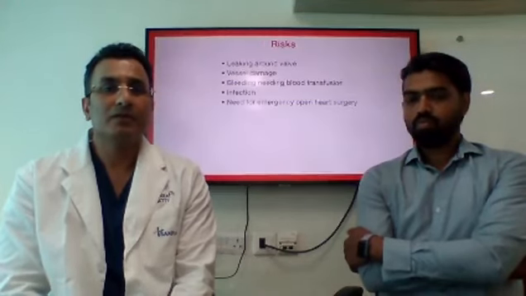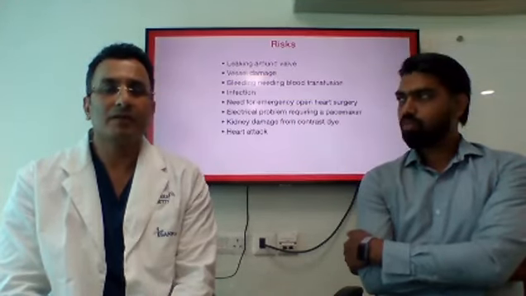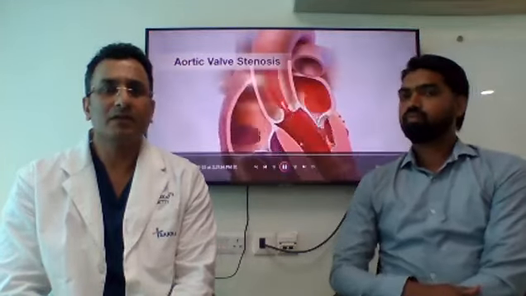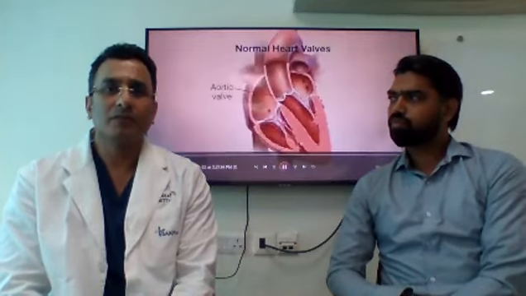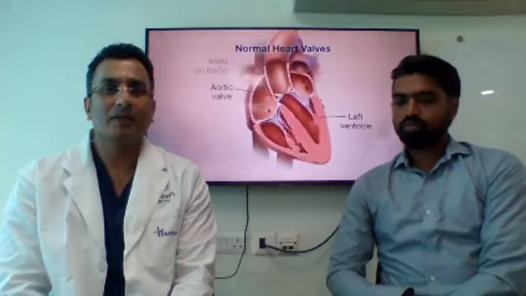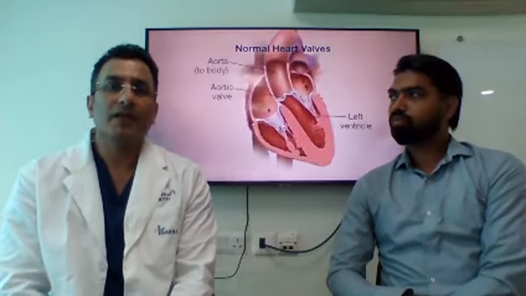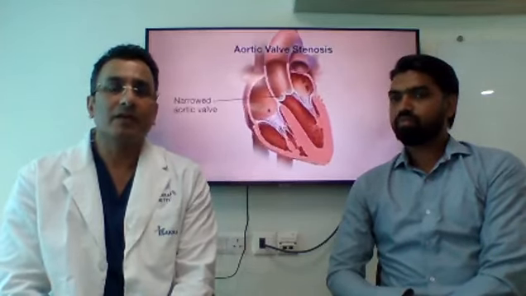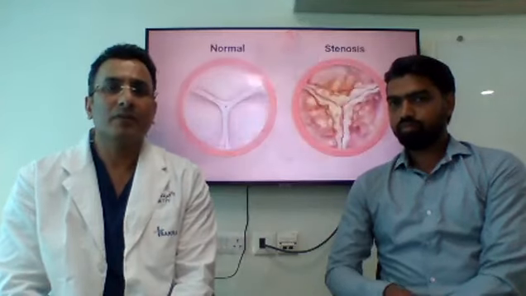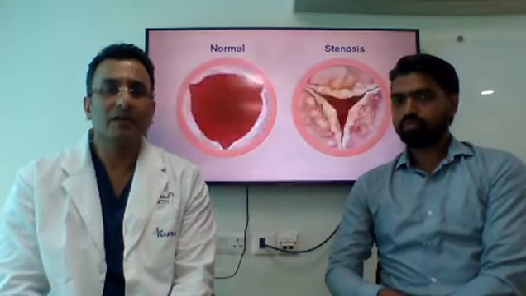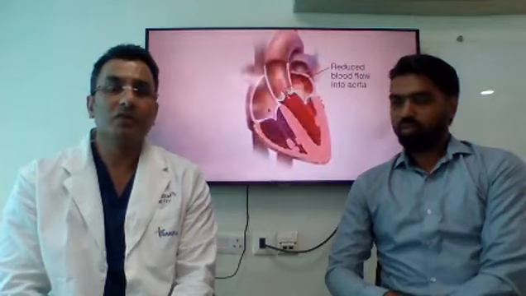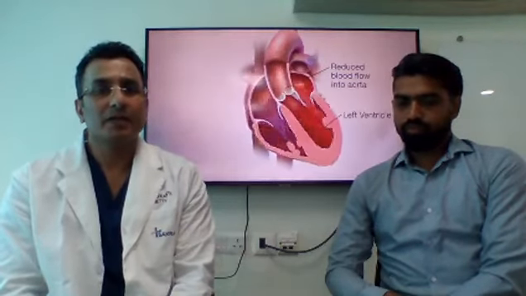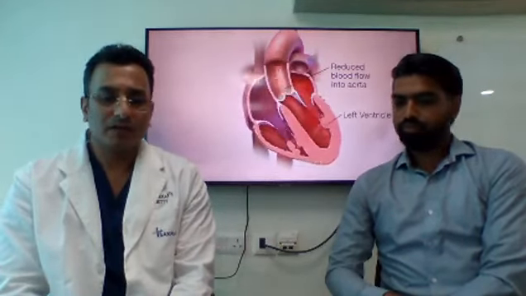One is surgical valve replacement, which we call SAVR, surgical aortic valve replacement, with either a bioprosthetic valve or a metallic prosthesis. And another is transfemoral aortic valve implantation, or TAVI, also called TAVR. So these are the two options of treating severe aortic valve stenosis.